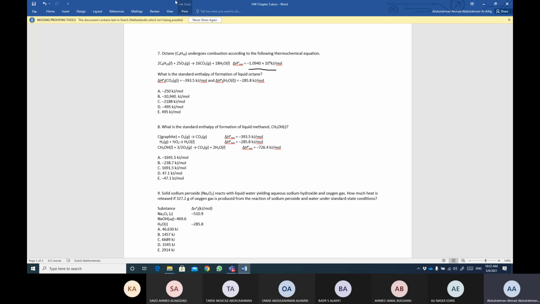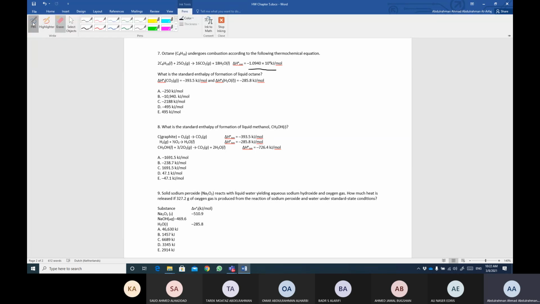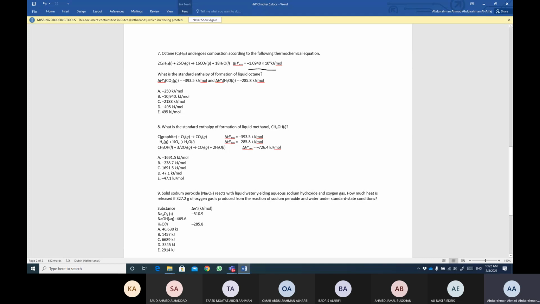So, how do you solve this problem? Delta H equals what? Summation of heat of formation of what?